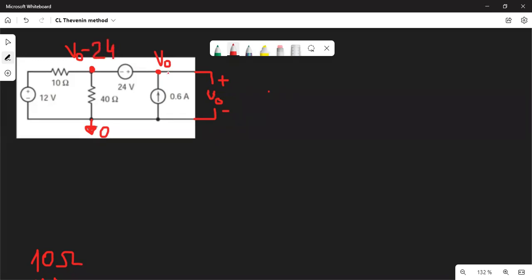Actually, guys, imagine that from the V0 position, we are going to the left and meeting the voltage source with a polarity plus. And plus means voltage down. So we have to subtract from V0, V0 minus 24, and then we will reach the final path.